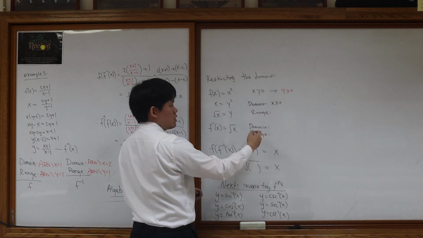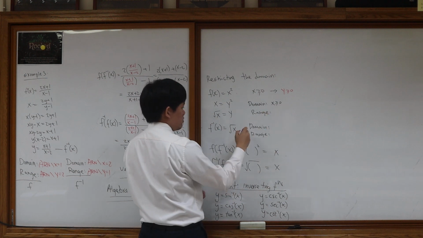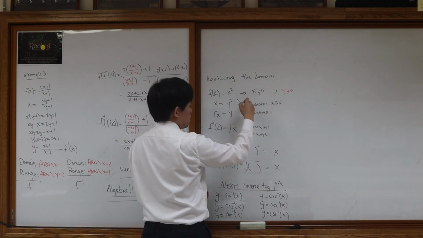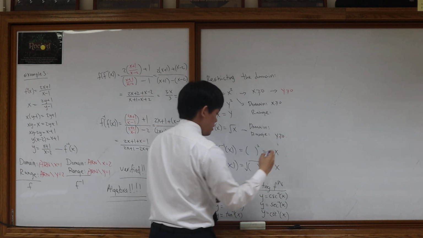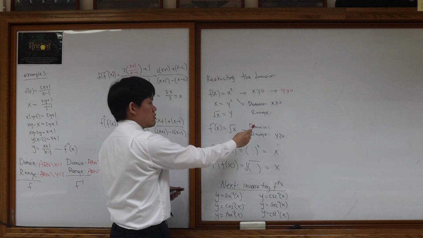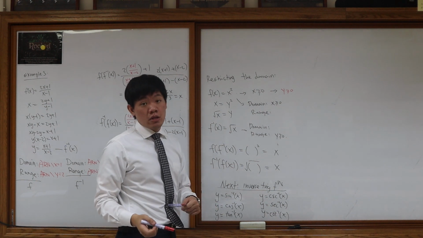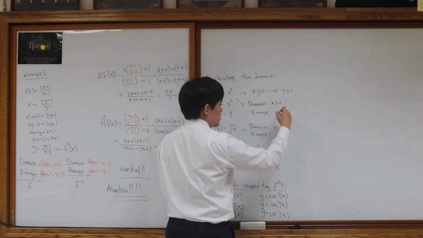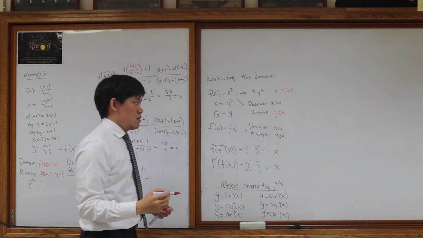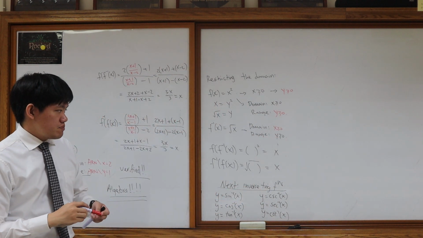Because of my domain for this function, my range has to be y greater than 0. Now let's look at the domain of this one. x cannot be a negative number, but it can be greater than 0. That means my domain here is x greater than 0, so my y has to be greater or equal to 0. And that's what we have.